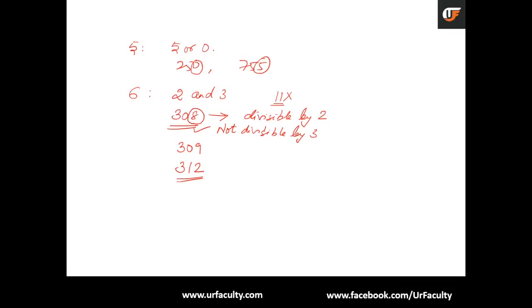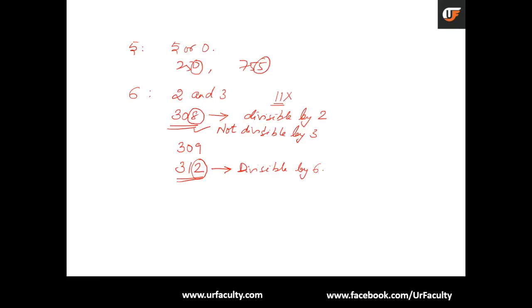Now how do you check if 312 is divisible by 6 or not? The last digit is an even number and we need to add up each of these digits. 3 plus 1 is 4, 4 plus 2 is 6, and this number is divisible by 6. Please note, the concept that I explained now is a very important concept. Why?